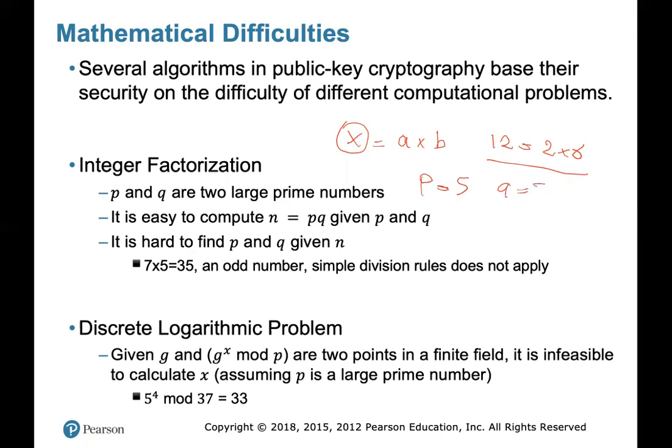And Q is 7. Finding 5 times 7 is not difficult for us.